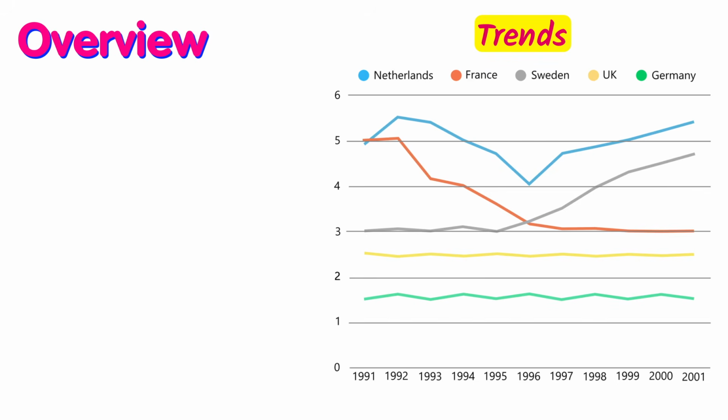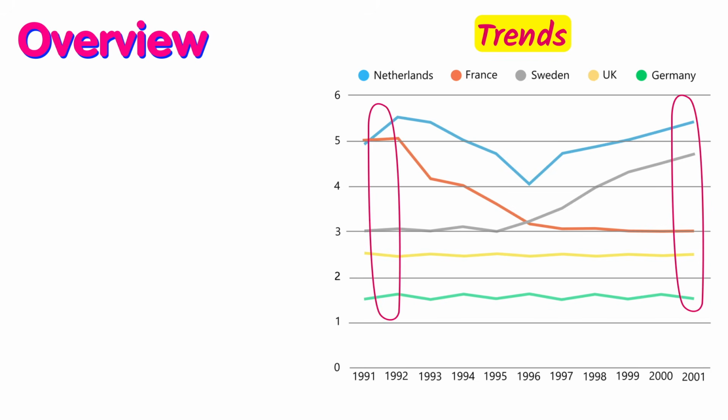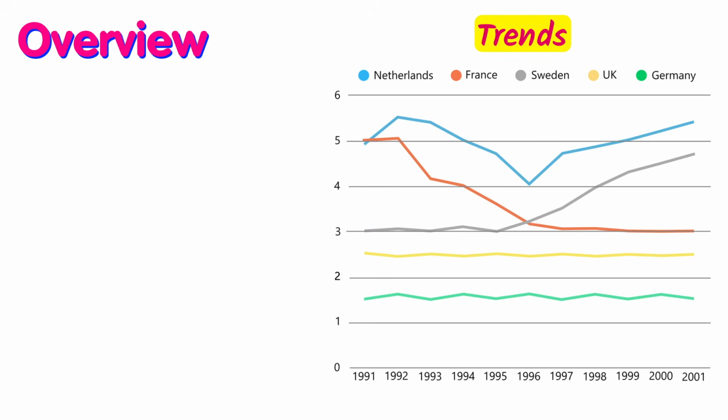What do I mean by the trend? The beginning and end. Is it a rising trend or increasing trend, or is it, let's say, a decreasing trend, or the trend declined? As you can see, for Netherlands, it's actually rising, all right?